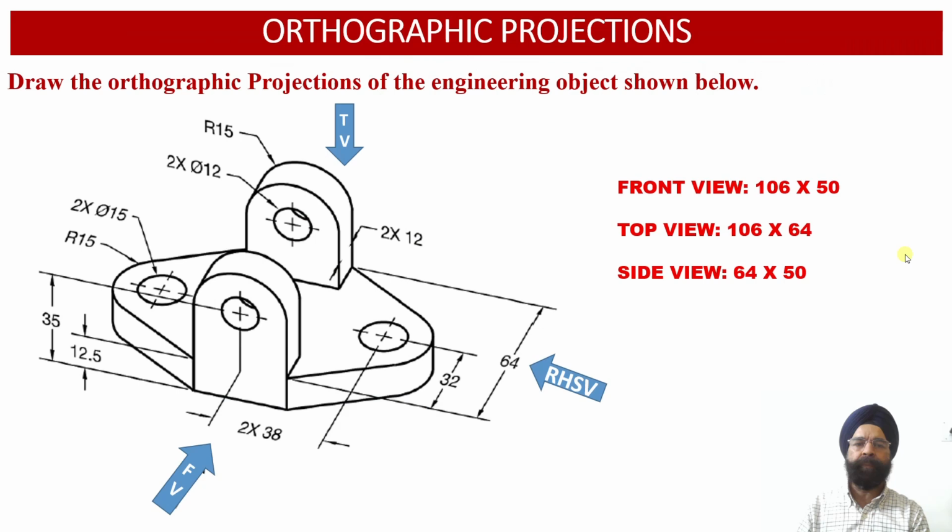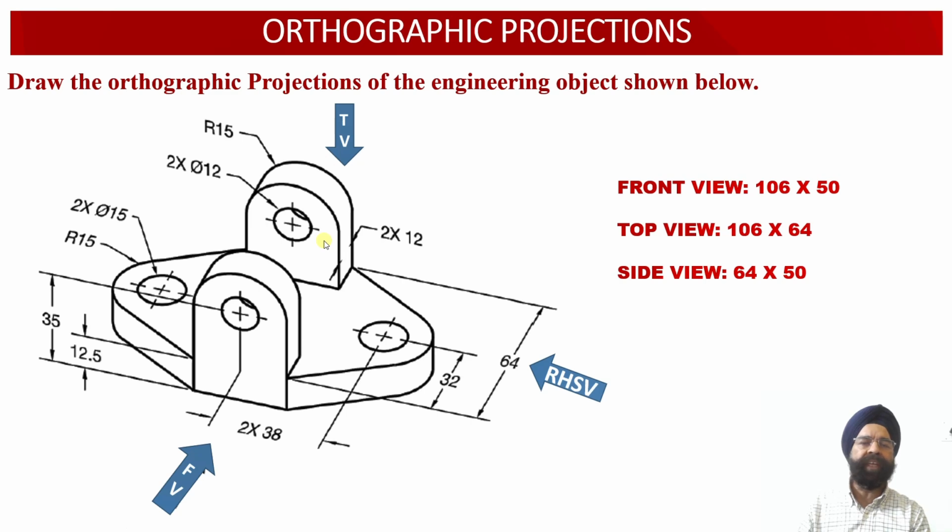Now here we have been provided with an isometric 3D projection corresponding to an engineering object, into which the front view face, the right hand side view face and the top view face of this particular solid have been combined.